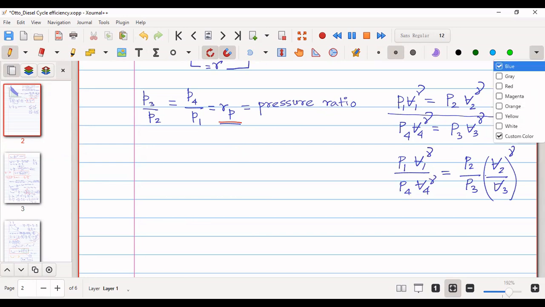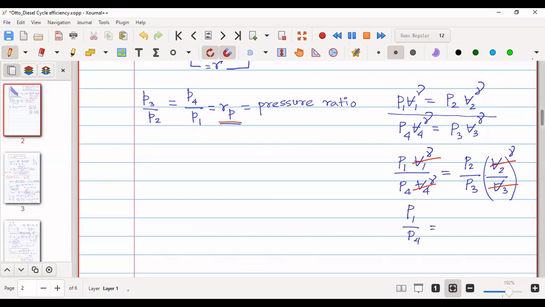And we know that V1 is equal to V4, so V1 by V4 will be 1, and V2 is equal to V3, so it will cancel. Therefore, P1 by P4 is equal to P2 by P3. So that is written here: P3 by P2 is equal to P4 by P1, which is basically equal to 1 by Rp.